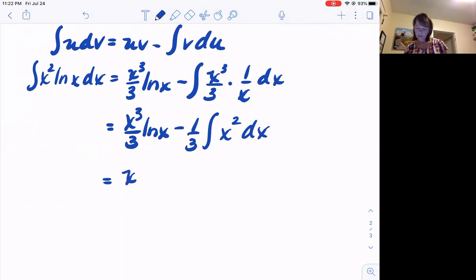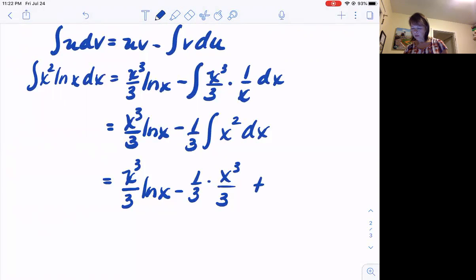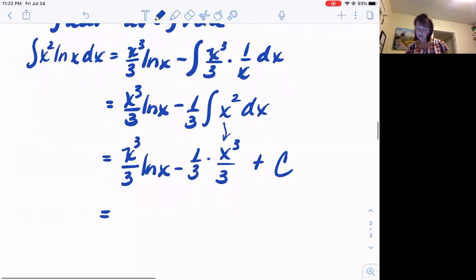We have x cubed over 3 ln of x minus 1/3 times x cubed over 3, and then the arbitrary constant, as we are integrating x squared.